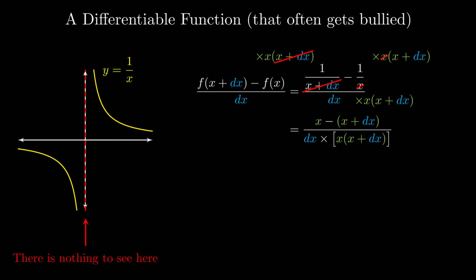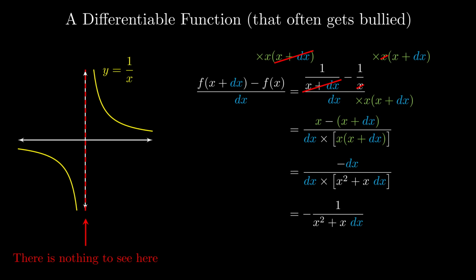On top now, x minus x cancel, but remember the minus also applies to dx. On the bottom, we can expand. We get this. Okay. And now we can see the dx on top cancels with the dx on the bottom, and so you now only have negative 1 over x squared plus x dx.